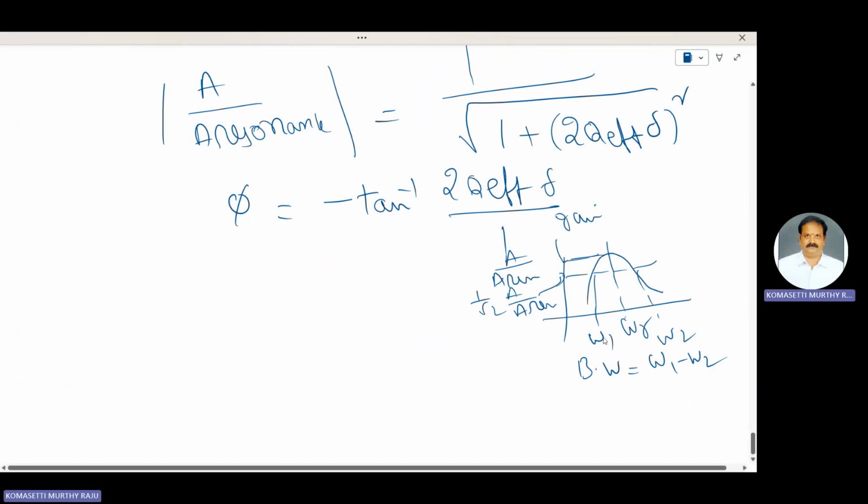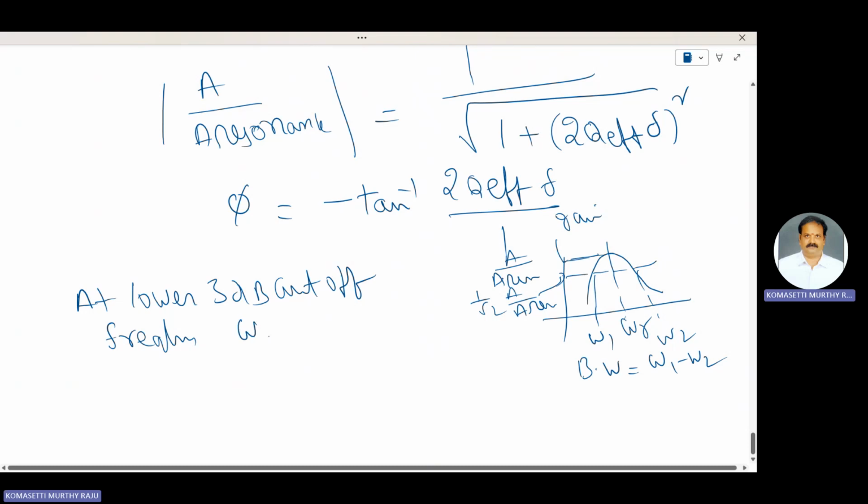First, we need to calculate at omega 1, the lower 3 dB cutoff frequency.